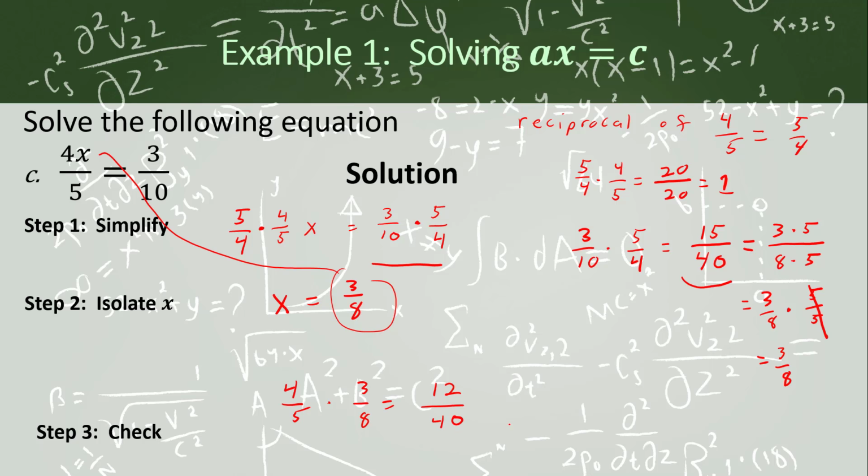Now notice that this can be reduced. For example, 12 can be written as 3 times 4. 40 can be written as 10 times 4. This is 4 divided by 4, which is 1, so this would actually be equal to 3/10, which is what we were looking for, so we are good to go.